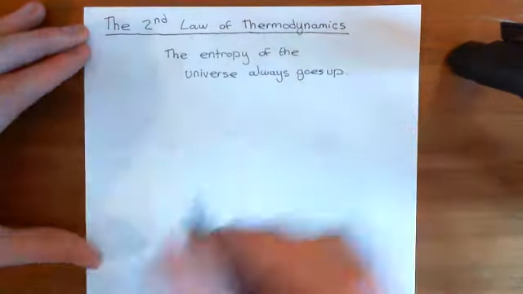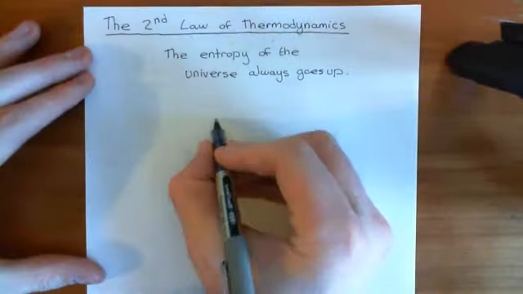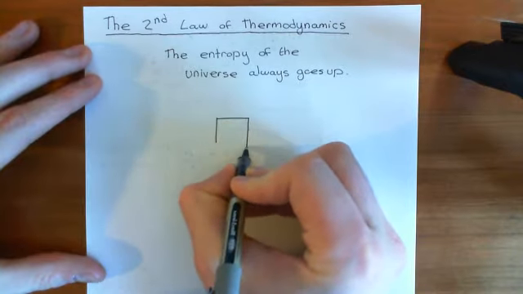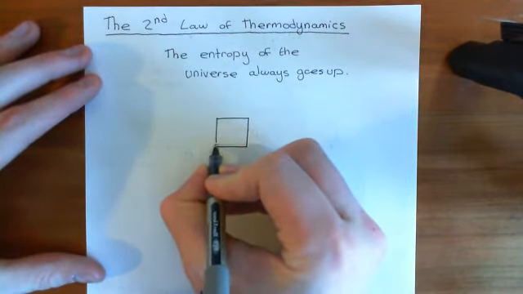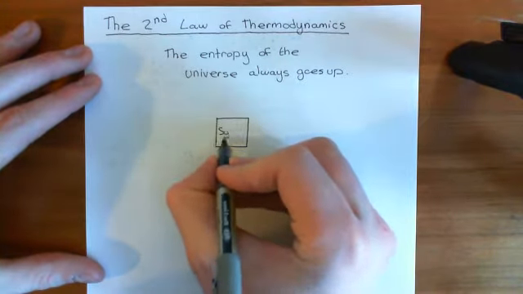Okay, so in order to get some sort of a grasp of how to work with this law, we need to have the concept of a system and the surroundings. Okay, so basically, let's take our system here, which is the system in which we will be doing chemical reactions. So let's call this the system here.